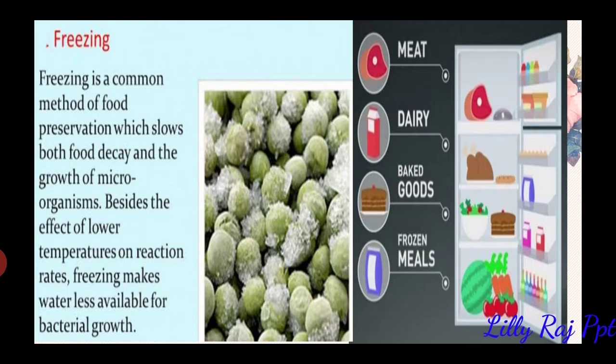So to reduce bacterial growth, we can keep the food item in the freezer, or in the refrigerator. Freezing can be done in many ways. In our homes we use the refrigerator. Industries use ice cubes and ice bars to preserve food items.